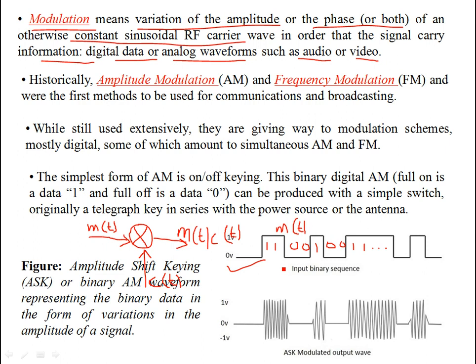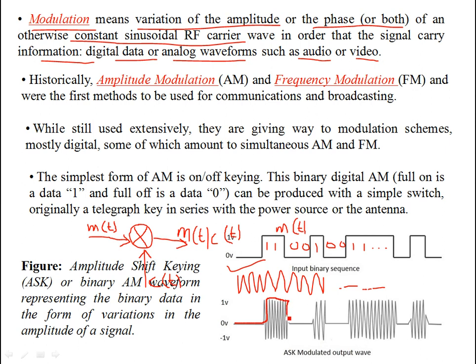Now, when you combine this with the carrier signal, which is a high frequency signal having a certain amplitude, what you are doing is you're varying the amplitude. So without varying the frequency, you are encoding the information into variation of the amplitudes. So, for example, when you have the binary data that is high, you are letting the carrier pass through like this.